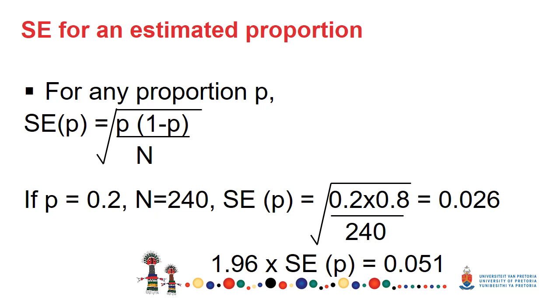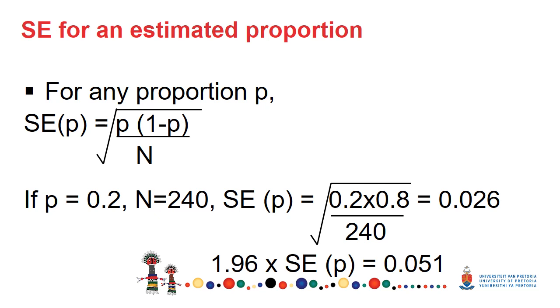The standard error for a proportion is different from the standard error for the mean. So when you calculate the standard error for the proportion, you use the formula given in this slide. The standard error for a proportion is equal to the square root of p times 1 minus p divided by the sample size n.